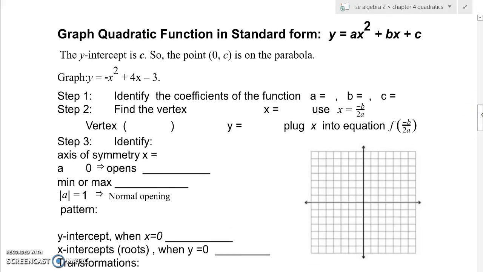So in standard form, we know to identify the coefficients. We know to find the vertex using negative b over 2a. We know to plug that into the equation to solve for y.